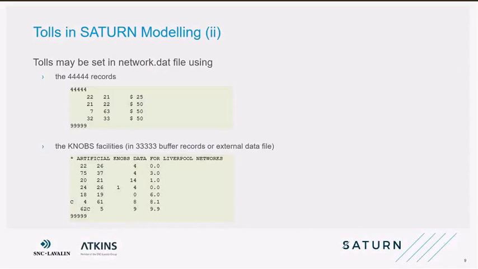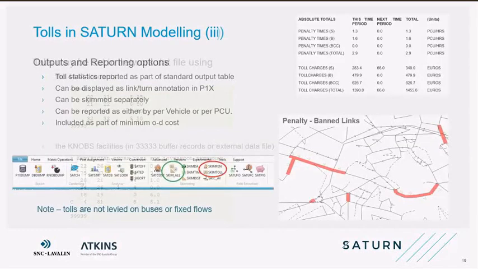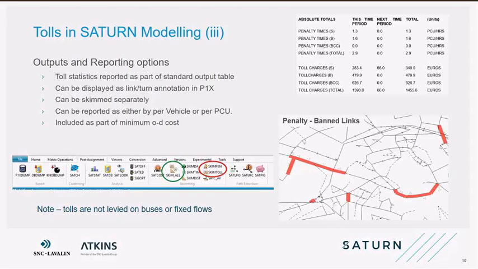And moving on, Vijay, the kind of outputs that you would generally see are the standard reports in the LPT file, which you see on the top right corner, or using P1X you can display the link and turn annotations.